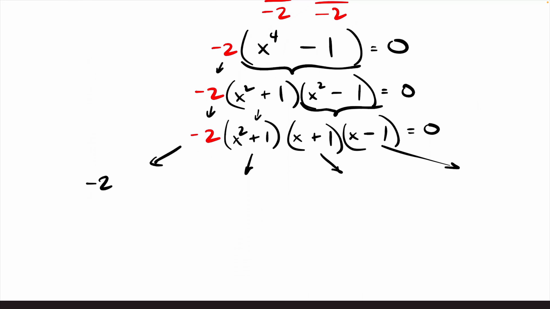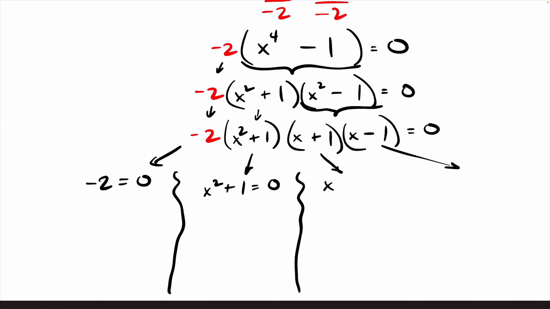Negative 2 equals 0. That's going to be my first one. X squared plus 1 equals 0. That's my second. X plus 1 equals 0.